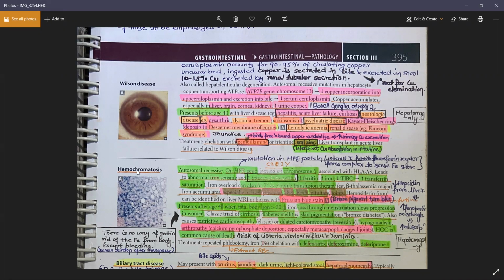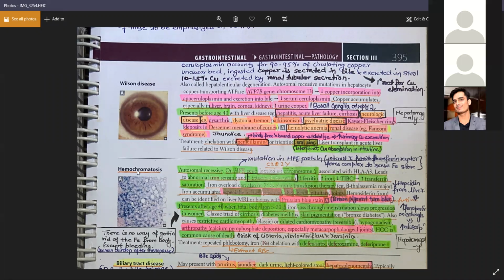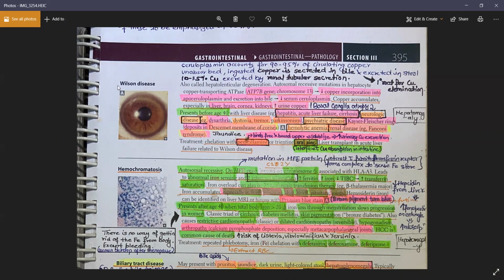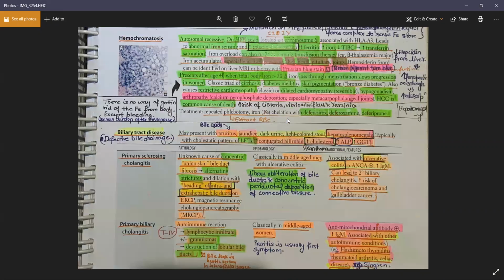In case of cirrhosis and hepatitis, you will have a high level of both conjugated as well as unconjugated bilirubin. Remember page 393 of First Aid. Because the ultimate thing is cirrhosis and inflammation of the liver, the patient will have high levels of conjugated as well as unconjugated bilirubin.